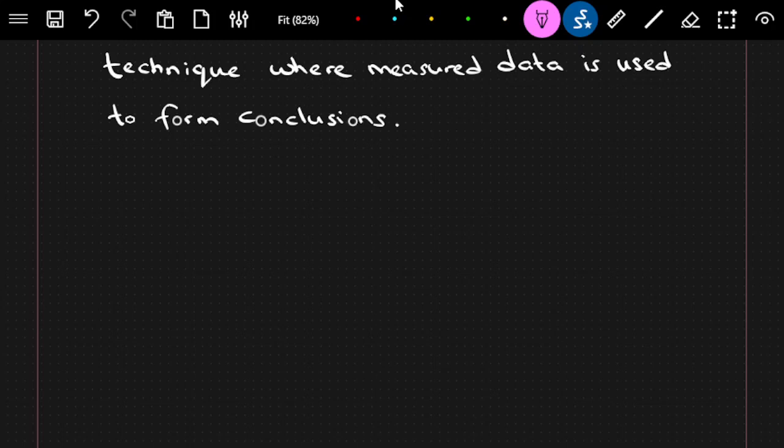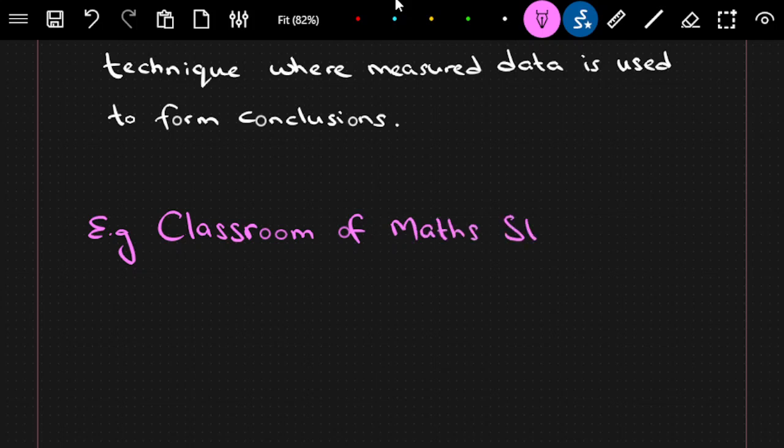Let's say we have data of students in maths, okay, in a classroom of maths students.